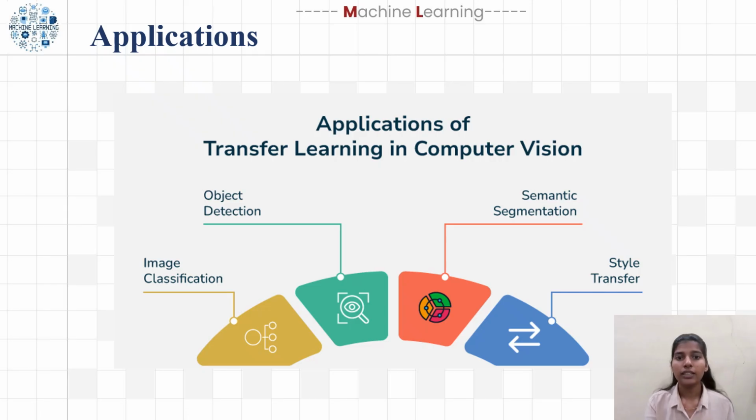Next is semantic segmentation, where every pixel in an image is classified. And finally, style transfer, which is used to apply the artistic style of one image onto the content of another. These applications demonstrate the immense power and versatility of reusing pre-trained models.